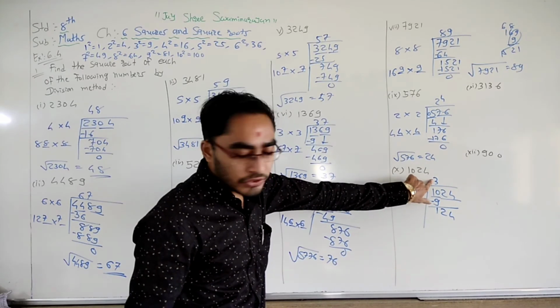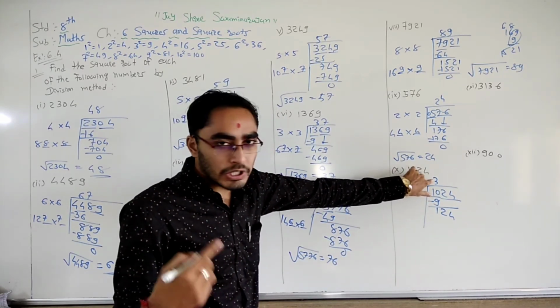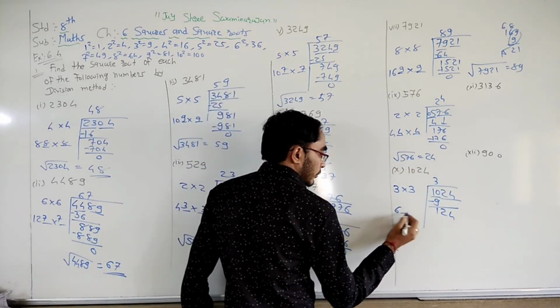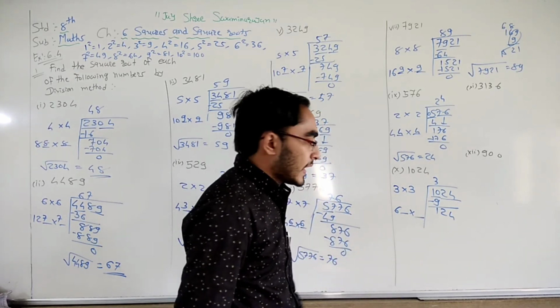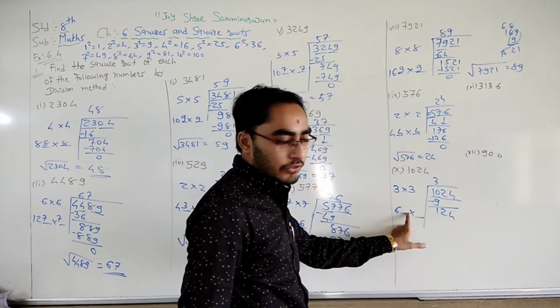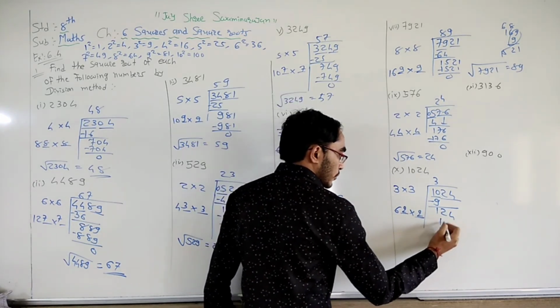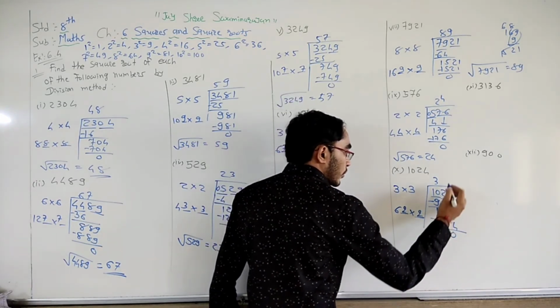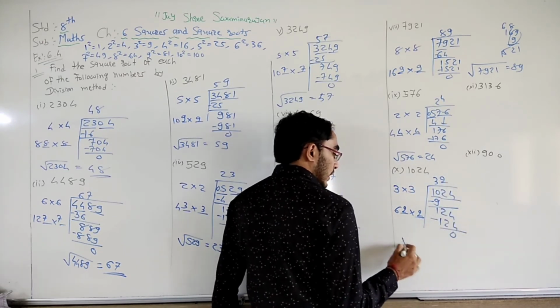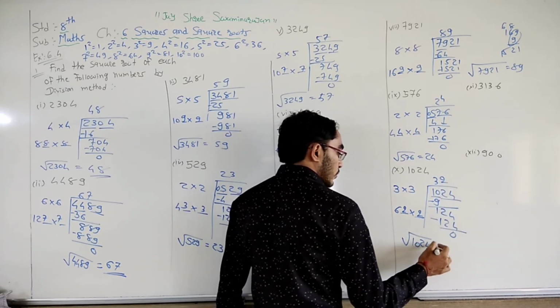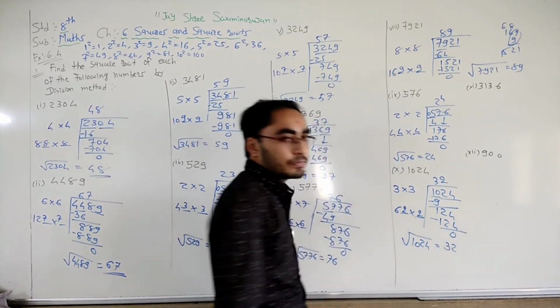Now our answer is 3, and we need to multiply it by 2. So 3 2s are 6, 1 space blank, 1 space blank. Now put the digit here such that we get 124. So it's a 2, because 62 into 2 is 124. So put 2 here. The square root of 1024 is 32.